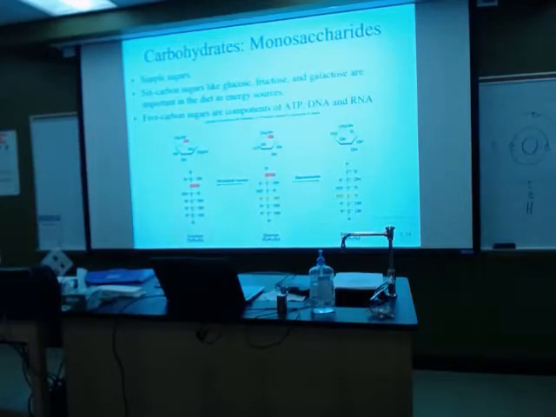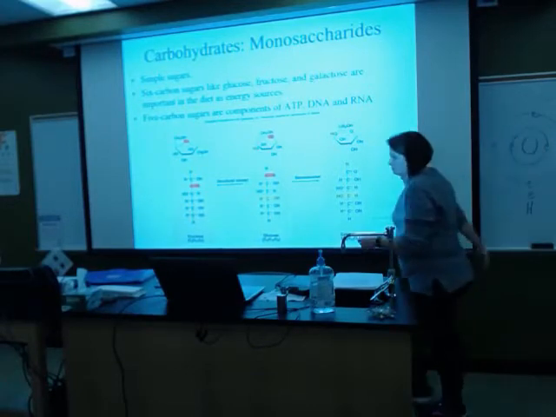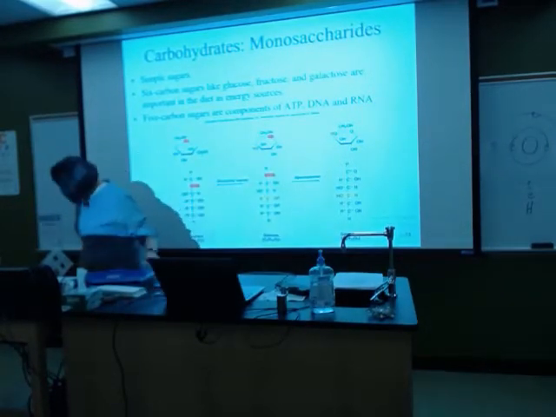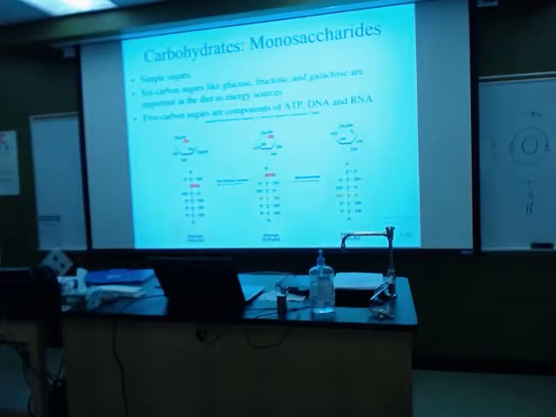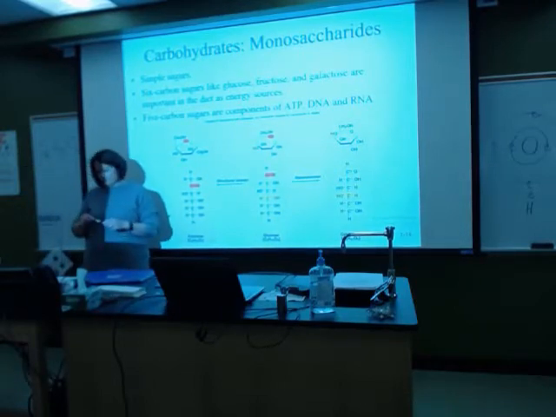Now, what that tells me, think about this structure right here. Glucose. What's the formula for that? C6H12O6. This tells me I've got 6 carbons.